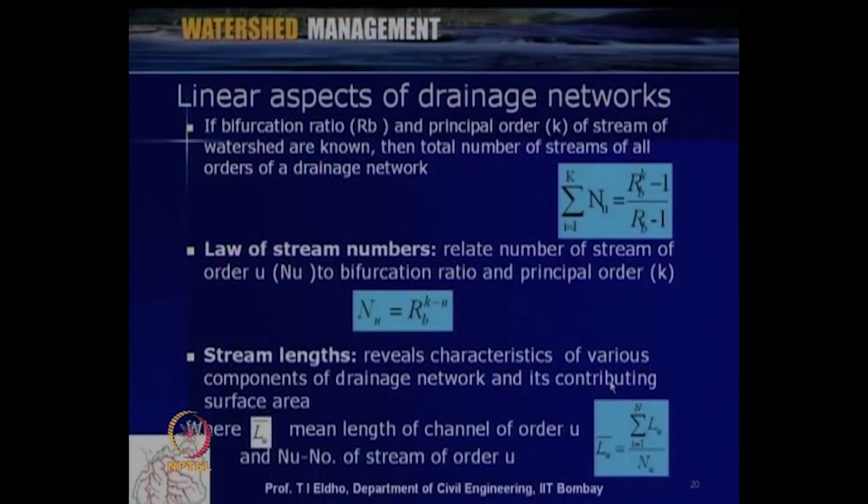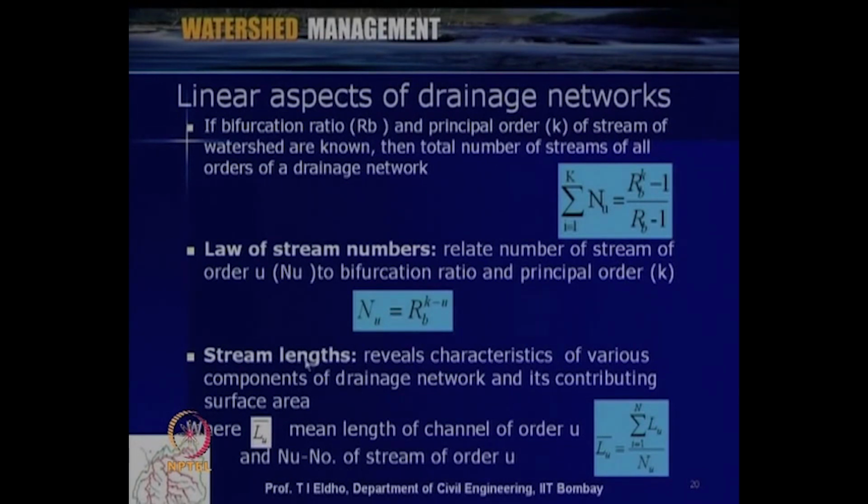Then stream length we can define as it reveals the characteristics of various components of the drainage network and its contributing surface area. So, if Lu is the mean length of the channel of order u, so Lu bar is equal to sigma i equal to 1 to n Lu divided by Nu, where Nu is the number of streams of order u.